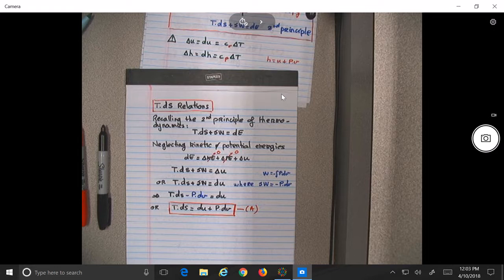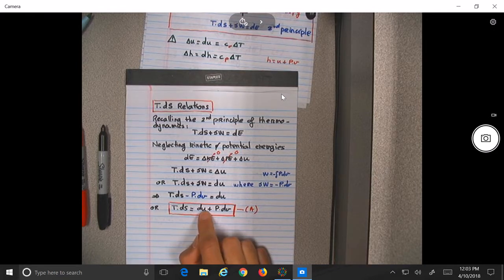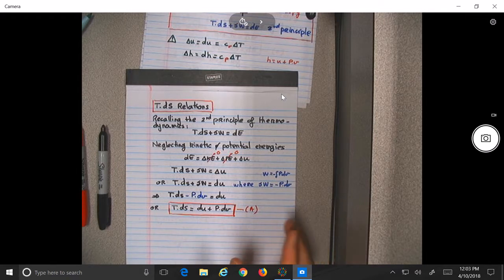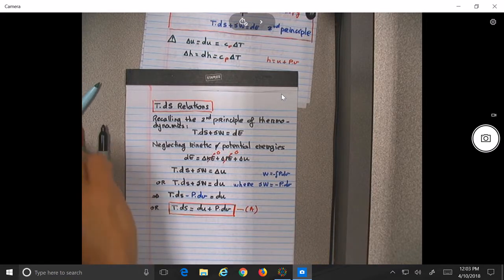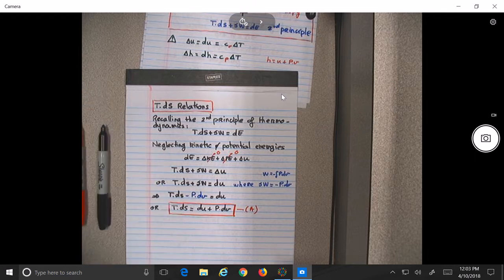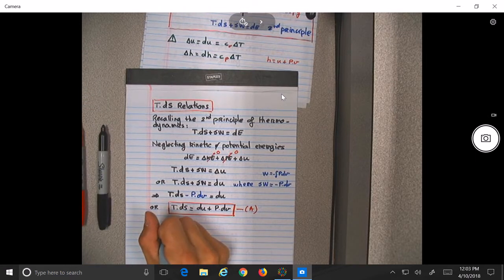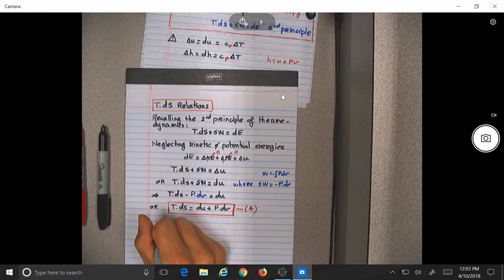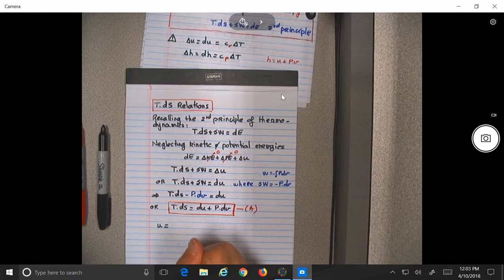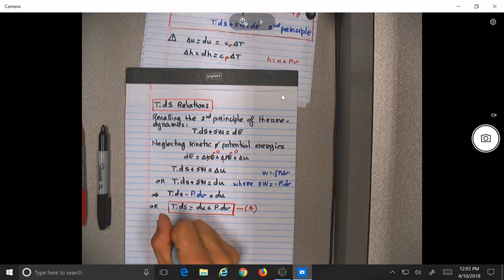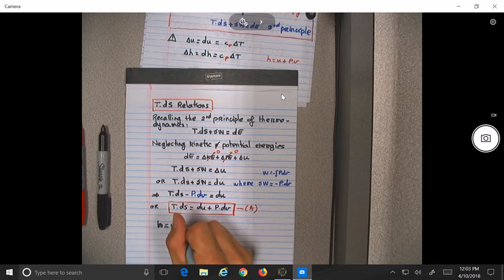Now what we need to do is find the other TdS relation, but instead in function of U, in function of H. So how can we do that? What is H? We can do it with what is H? U plus PV, no?